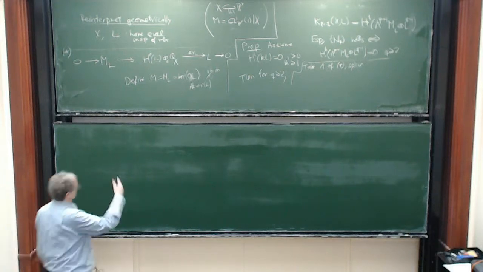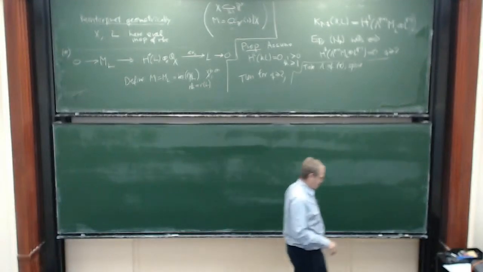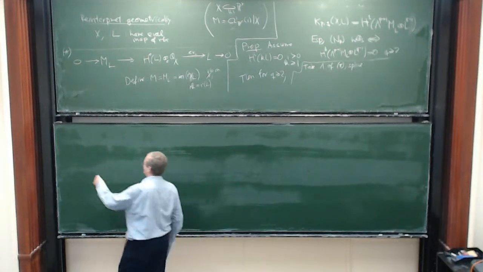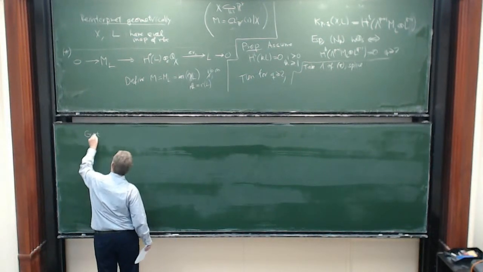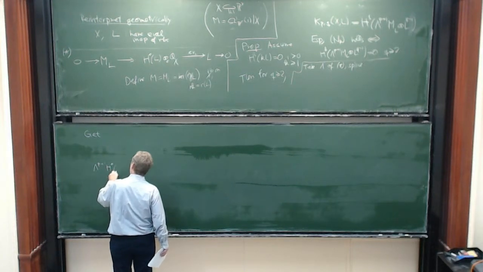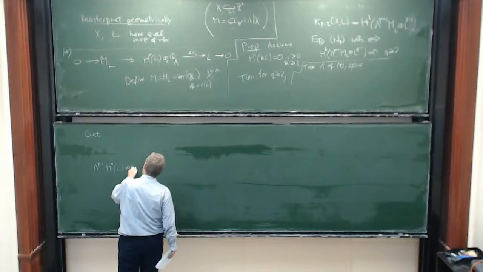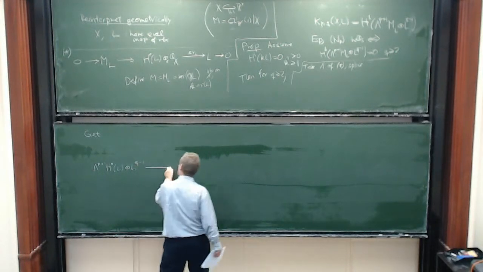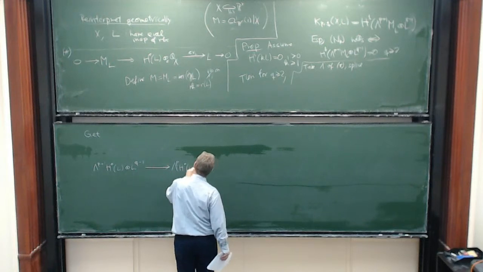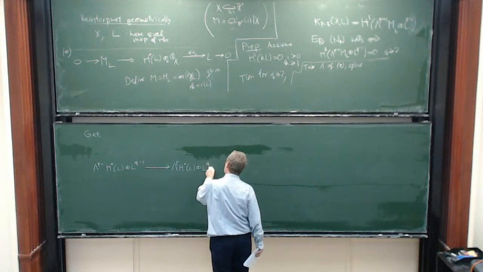If we start taking wedge products of that thing and splicing, I'm sorry to write all these long diagrams, but I'm going to get wedge^{p+1} H^0(L) tensor L^{q-1}. Then I'm going to get wedge^p H^0(L) tensor L^q.